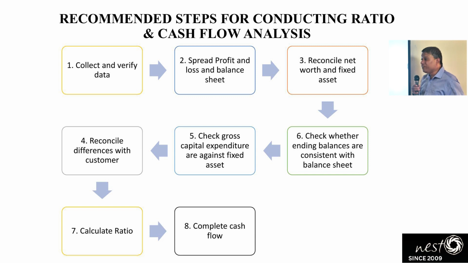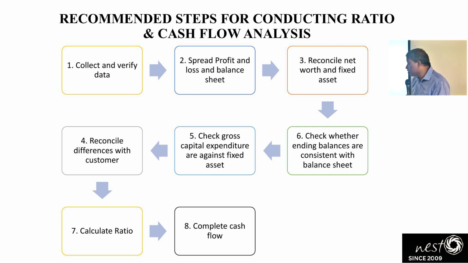So what do we need to do? How do we evaluate? The first step is to collect and verify data. Do your groundwork on P&L and balance sheet. Reconcile net worth. Check gross capital expenditure against fixed assets. Check whether ending balances are consistent with the balance sheet. This is very important: the closing balances are consistent.